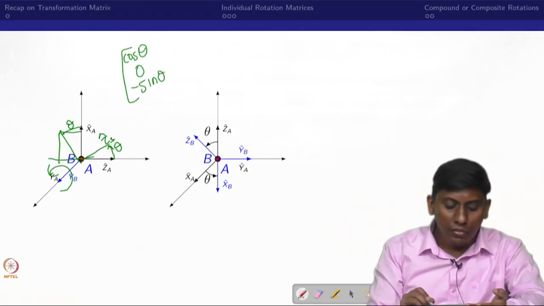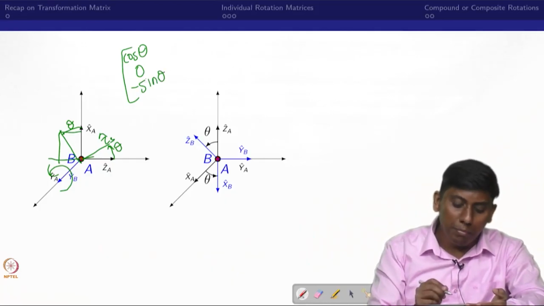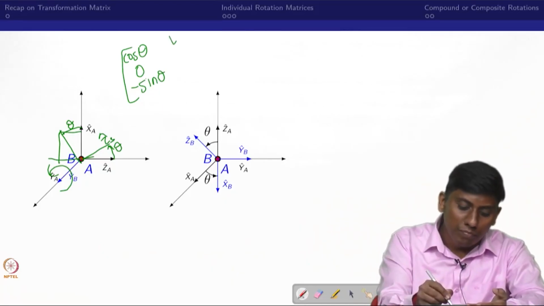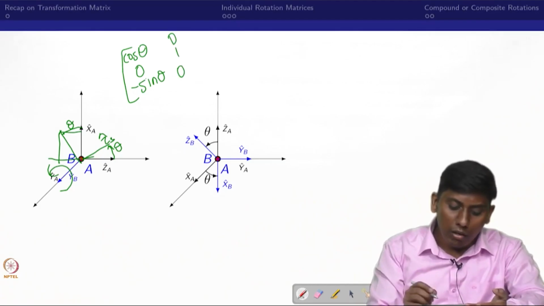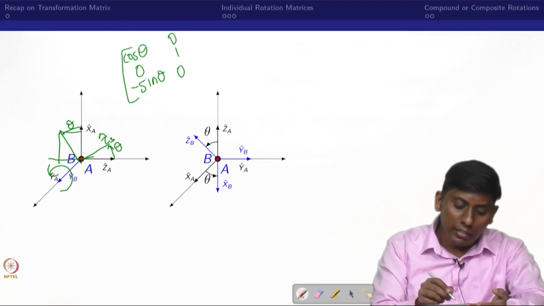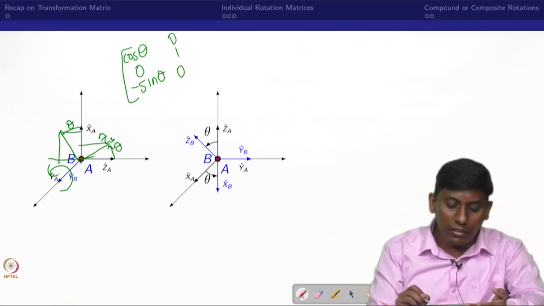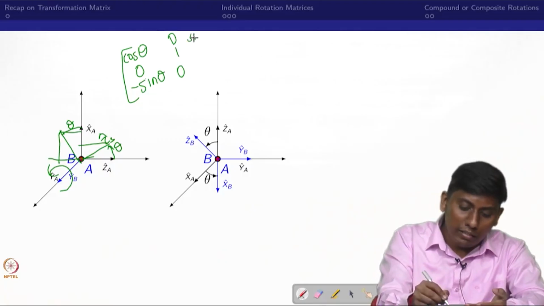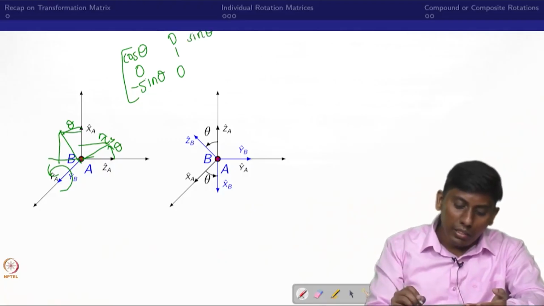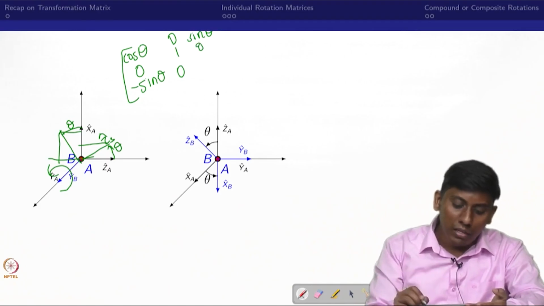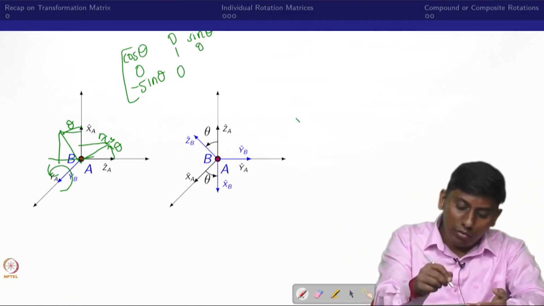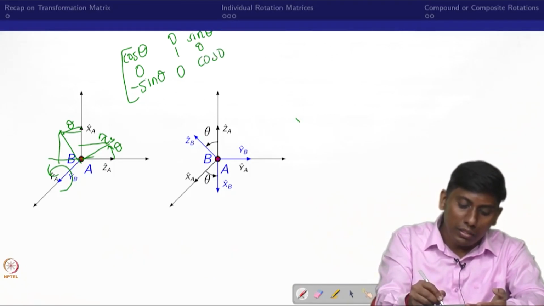Similarly, YB projected on the A frame would be 0, 1, 0, because it coincides. Now we take ZB. ZB projected on XA would be sin theta, on YA cap it would be 0, and on ZA it would be cos theta.